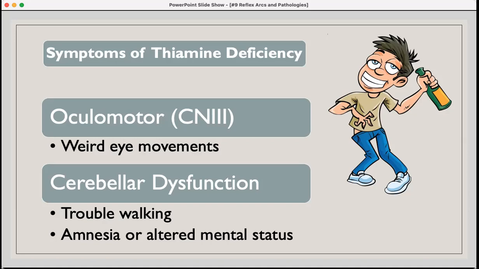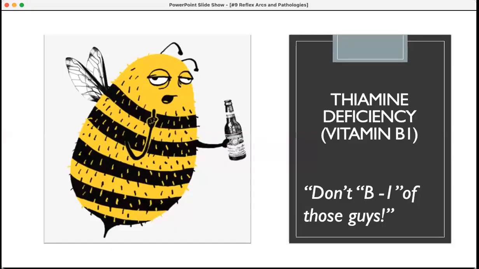So you might have thiamine deficiency in someone who's an alcoholic, and you might write off all of these abnormal symptoms as the person being drunk, but it's actually thiamine deficiency, or Wernicke-Korsakoff syndrome. To remember this, thiamine deficiency, vitamin B1 deficiency, here's a bee drinking a beer, and he's saying, don't be one of these guys.